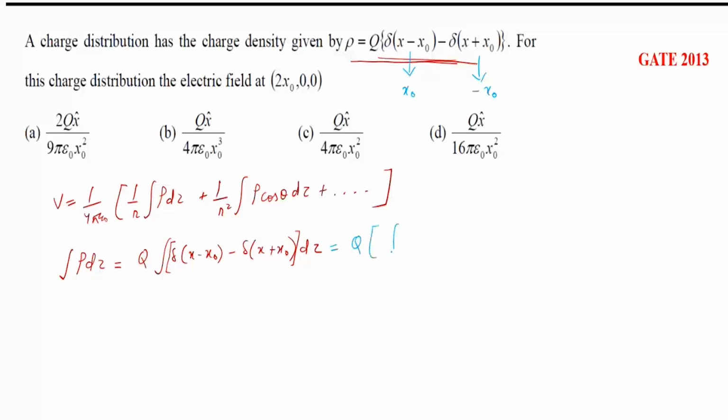Q integration of Dirac delta (x minus x naught) d tau minus delta (x plus x naught) d tau. So what is the answer of this integration? This is a normal Dirac delta function, right? Yes or no?